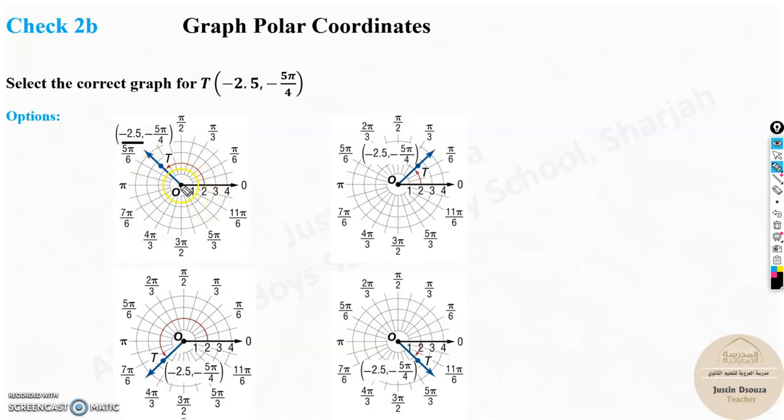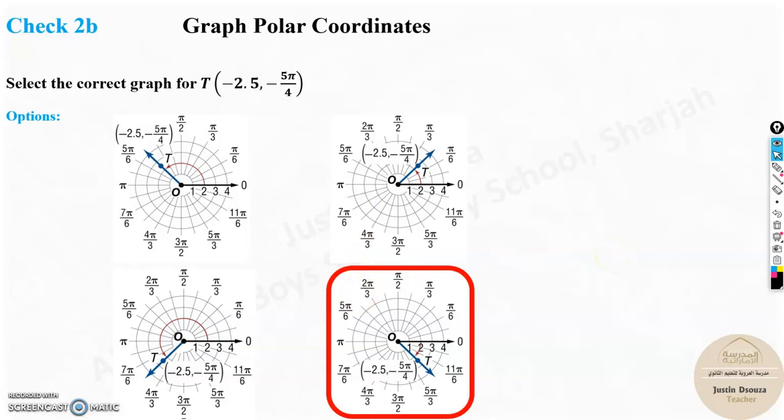So now from here, if you extend this line, you must take 1, 2, and 2.5. Somewhere over here will be the point. So this is wrong, this is wrong, this is wrong. This is the correct answer. The graph was like this from here to here, but then you take it in the opposite direction. This is your correct answer. That is this one over here, the last option.